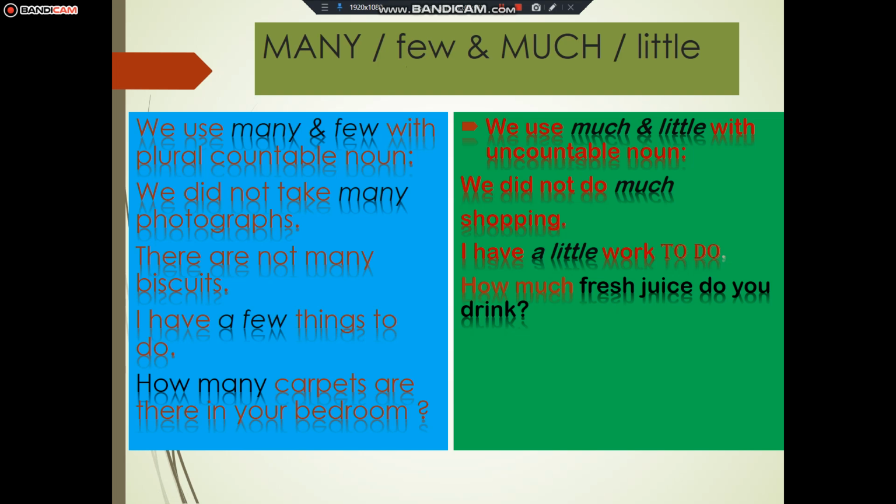Okay, for example, I want to take all my money with me, even the few dollars I have saved. Or he was silent for a few minutes. So we use few or a few with a plural countable noun to talk about small quantities.